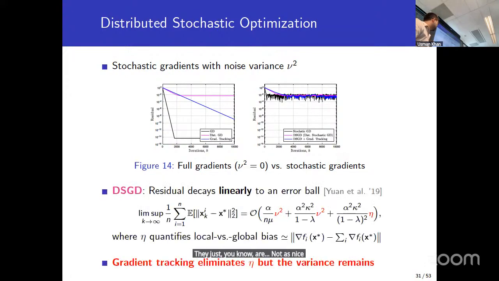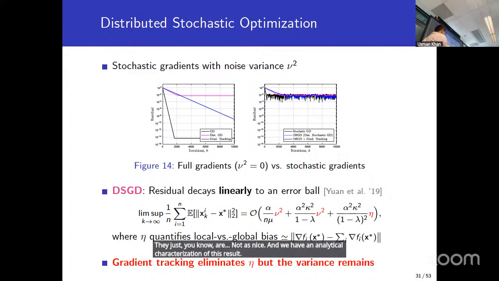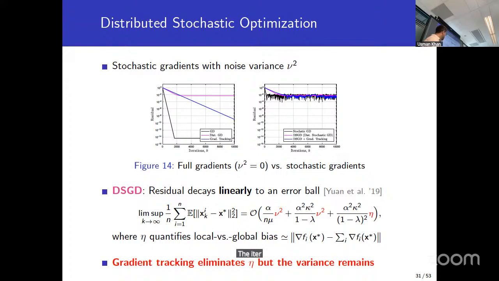And we have an analytical characterization of this result by some other researchers. They show that the average error between the iterate at time k and node i of distributed stochastic gradient descent, as time goes to infinity, will be a function of these three terms.